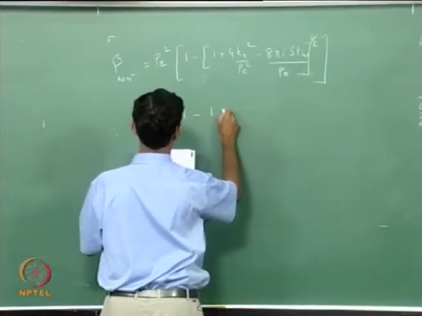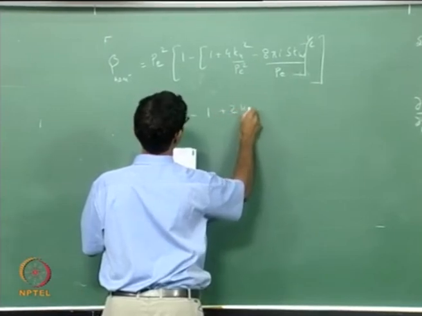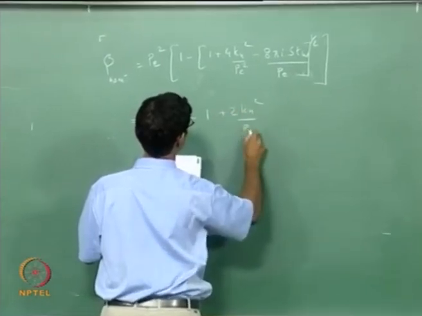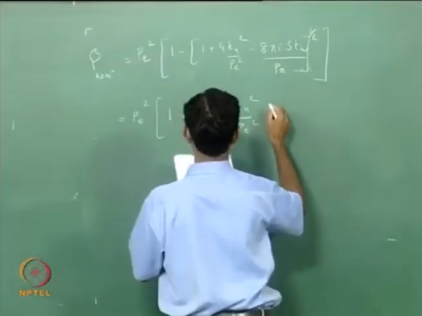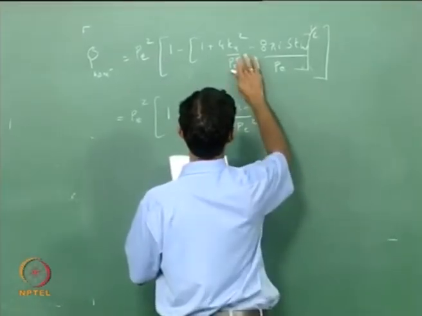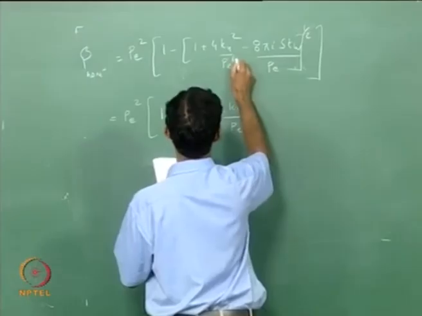Minus 1 plus 2kn squared by p squared, actually this should be p power 4.